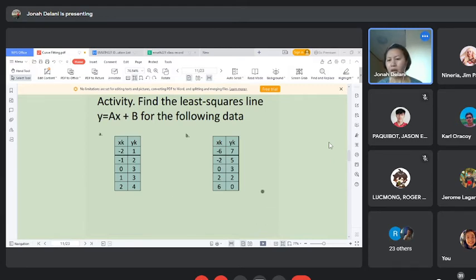Of course, if we plot it, this would be a line following the trend of the points.